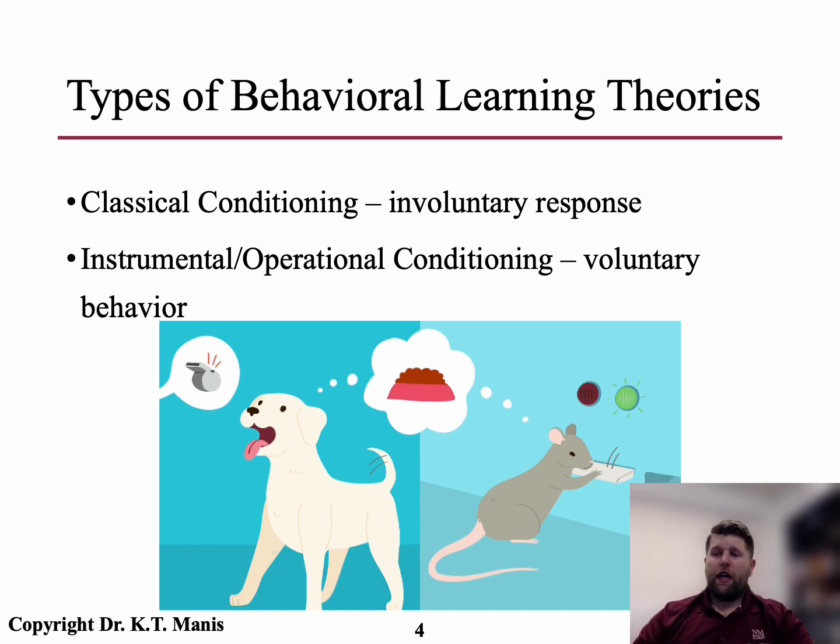In this example, a mouse understands that if they push a button, they're going to receive a reward, food, for pushing that button. The same thing with classical conditioning. Whenever the whistle blows or the bell rings, the dog starts thinking about food and starts salivating, whether they get the food or not.